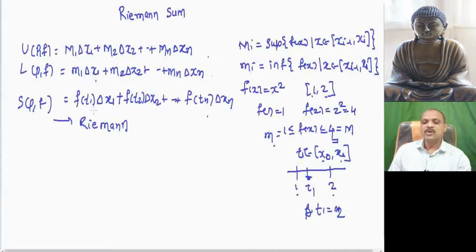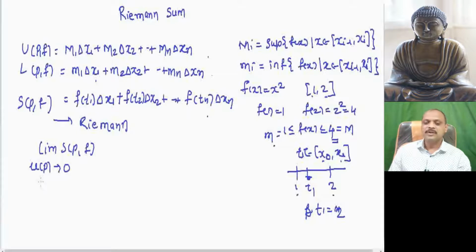T1 is any point in the delta x1, and if we take the limit of this SPF as mu of p tends to 0, what is mu of p? That is the maximum length of the subintervals.